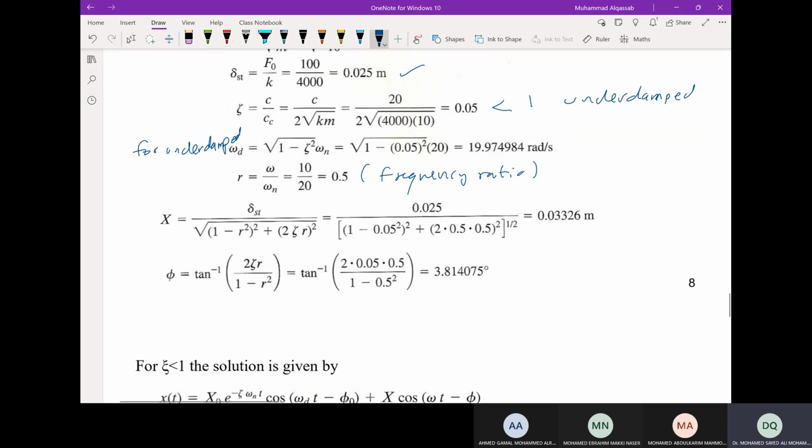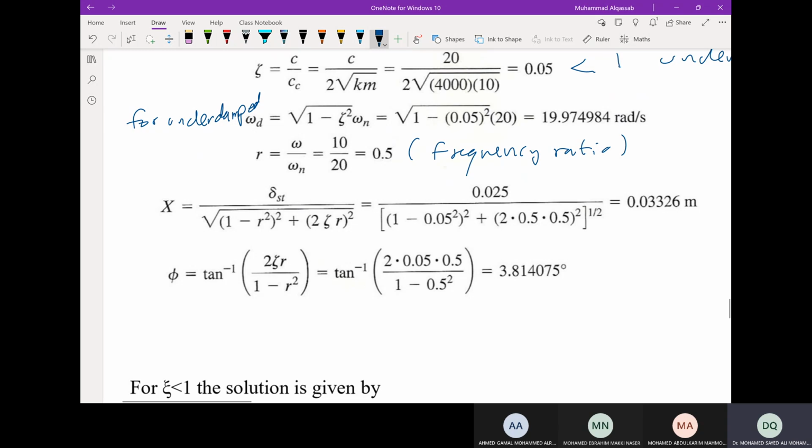Okay, then X equals F naught over k. This is similar to the earlier equation, but now we use here F naught over k, and r is omega over omega n. This is just to make it shorter.